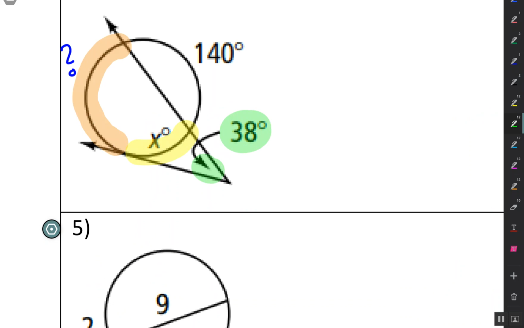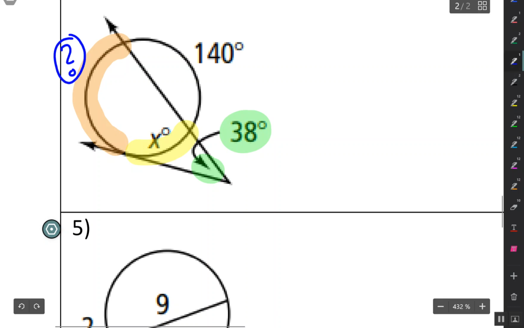Okay. So how are we going to do this? We need this arc to find the answer. There's no way to find that exact measurement, but we can write an expression for it. This big arc is, well, the whole circle would be 360. If we subtract off the 140 and subtract off the x, you would get what's left.